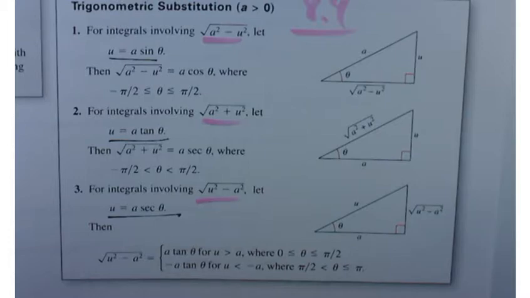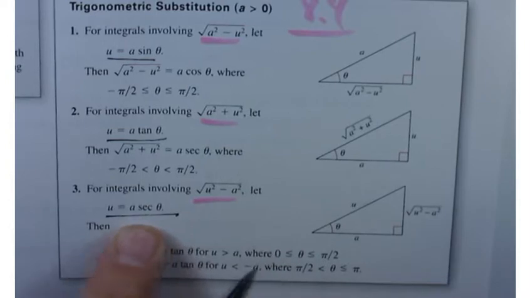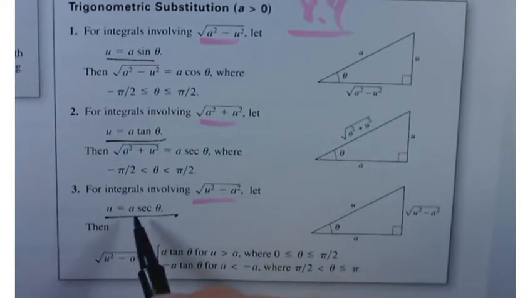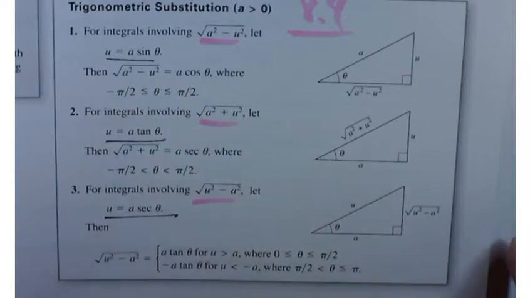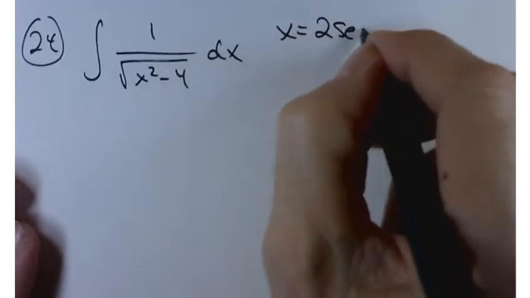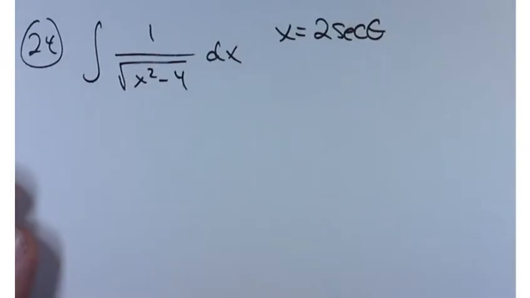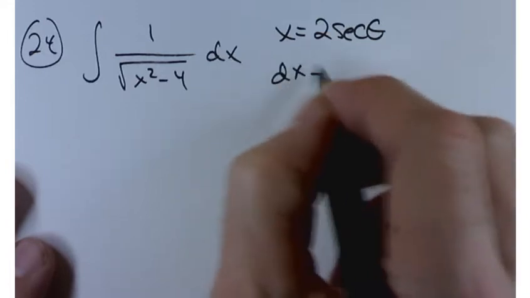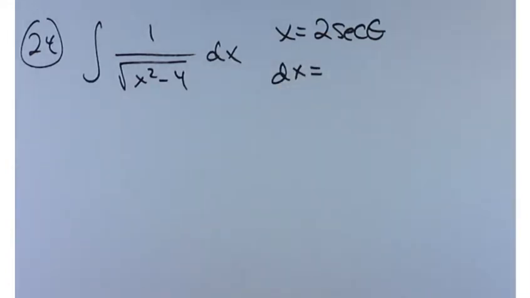That's what we're going to end up with. x equals 2 secant of theta. dx. What's the derivative of secant of theta? Secant times tangent. So 2 secant of theta, tangent of theta, d theta.